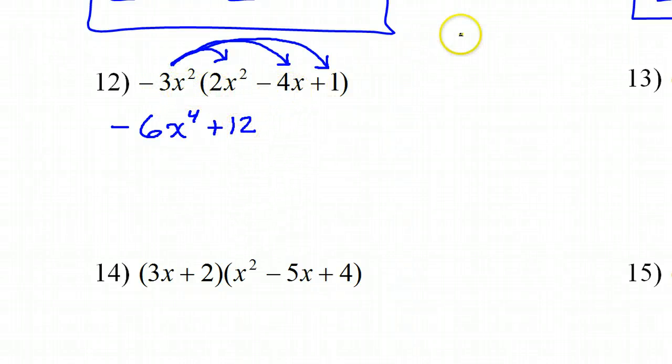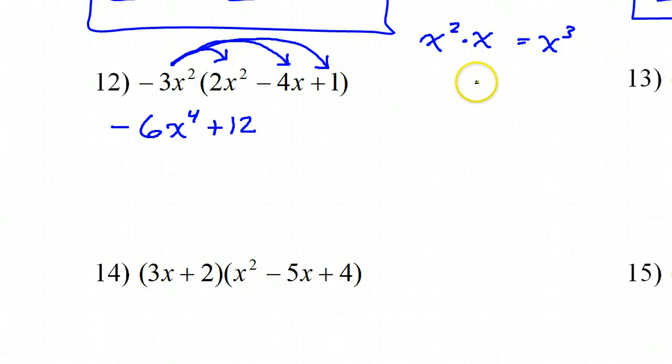Now x squared times x, all right? And in my head I'm thinking this, x squared times x. x squared times x is x to the third power. Okay, remember, x squared means x times x. So x squared times x means x times x times x, which is x to the third power.